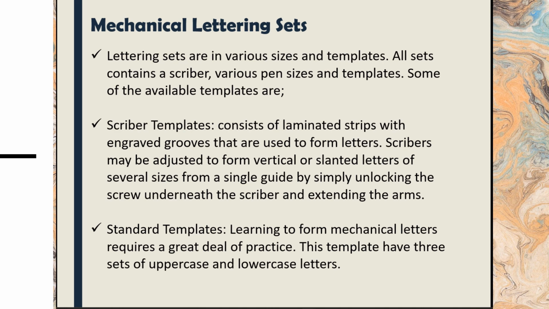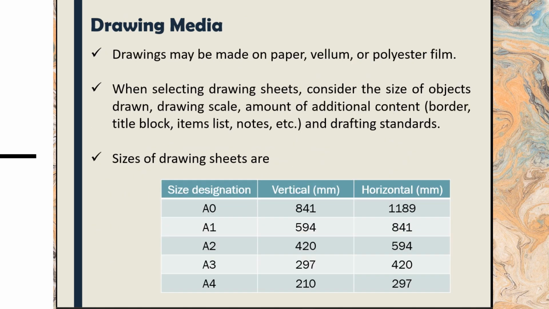Some of the available templates are the scriber templates and the standard templates. Well, in this course, you are expected to use your hand to do your lettering, not to use any template. So I will also not dwell so much on this lettering set. You have to draw your lettering with your hand and not using any template.